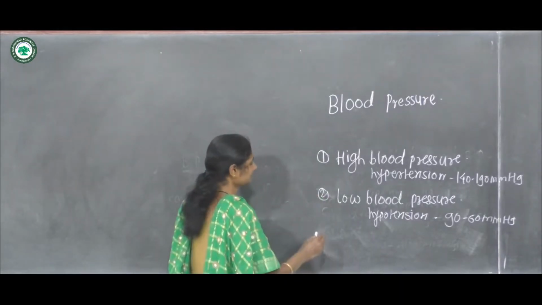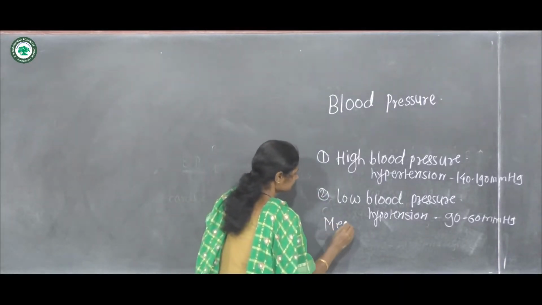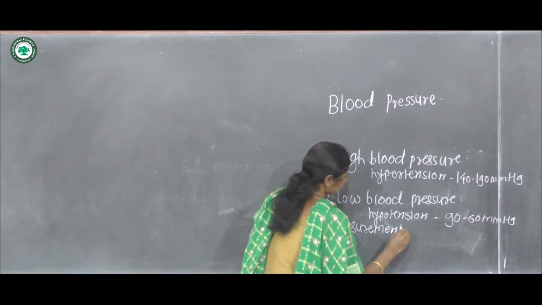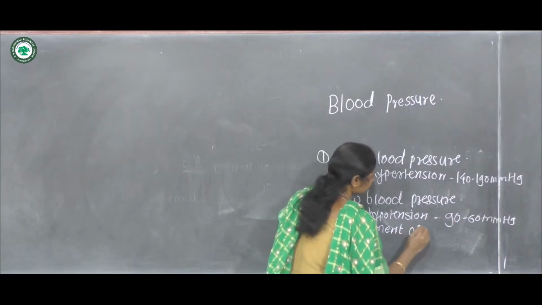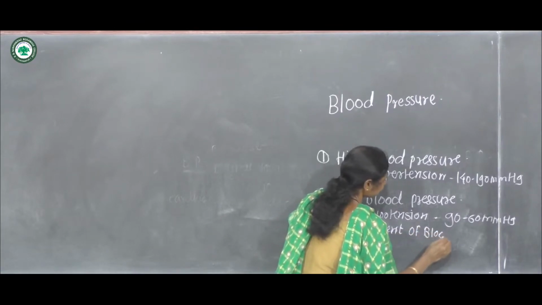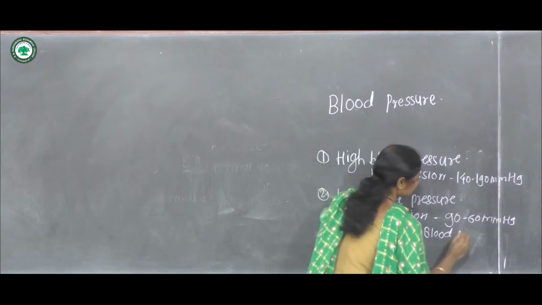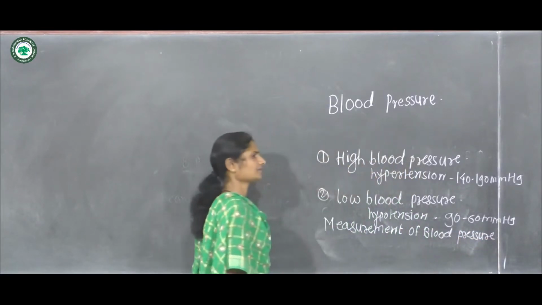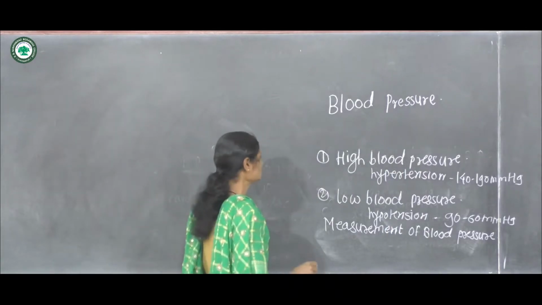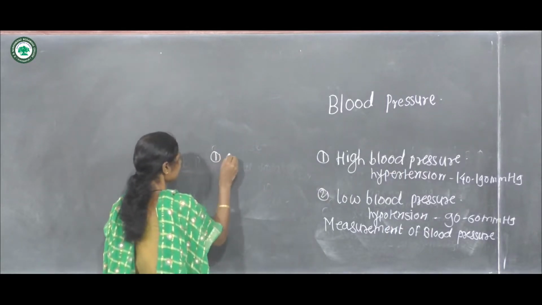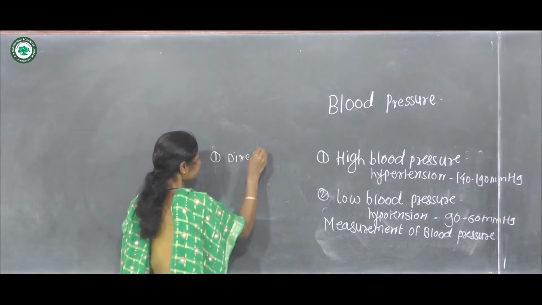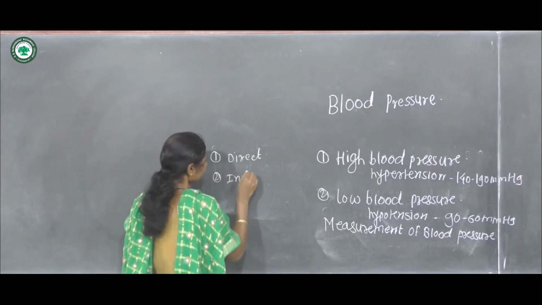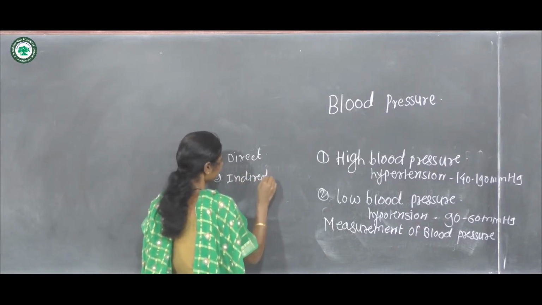Measurement of blood pressure. There are two types: direct measurement of BP and indirect measurement of BP.